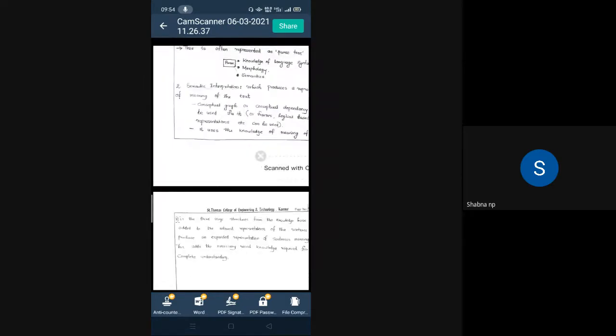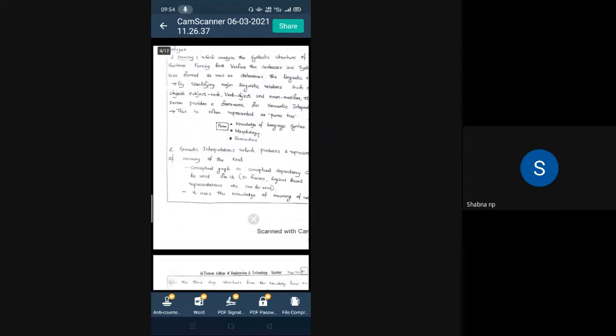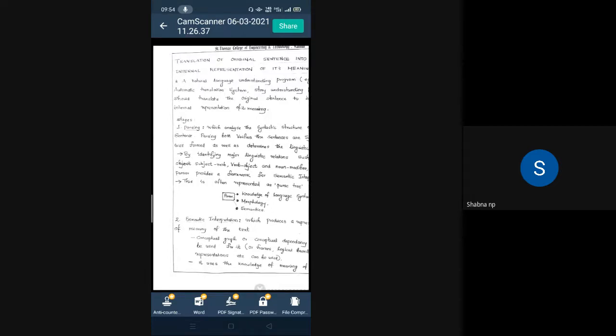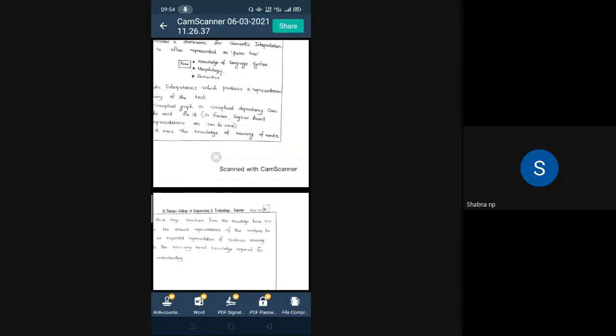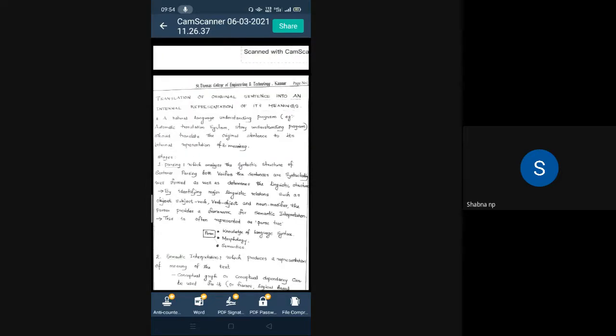So first we will do parsing, second semantic interpretation, and third we will convert this into the concept knowledge representation scheme. That we want to do with the next topic.